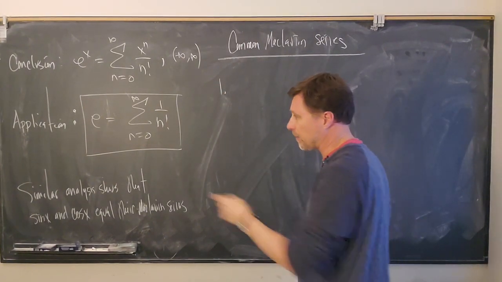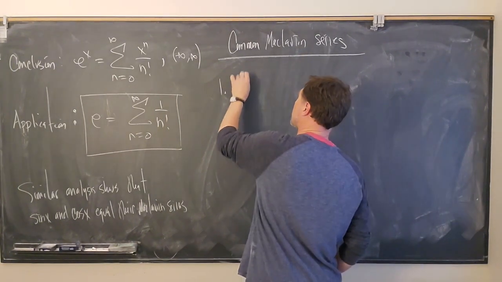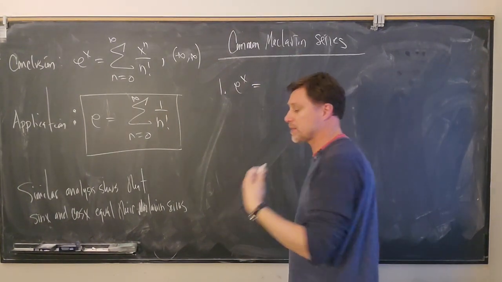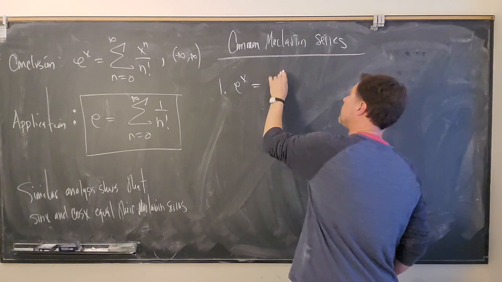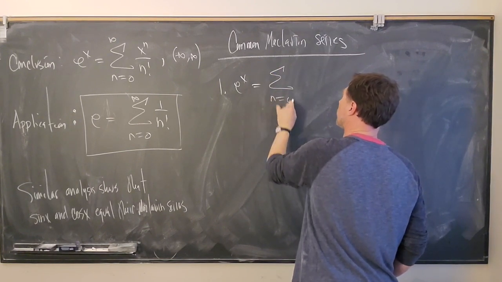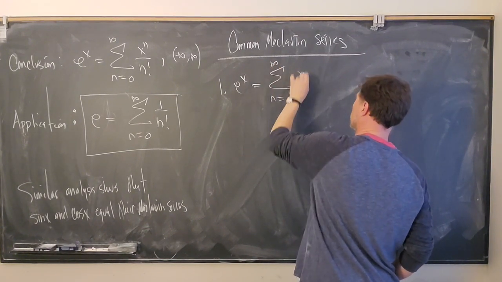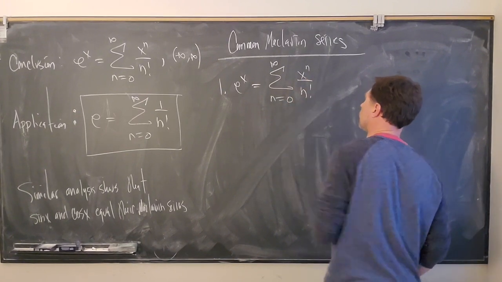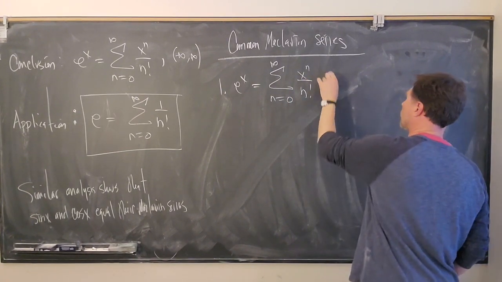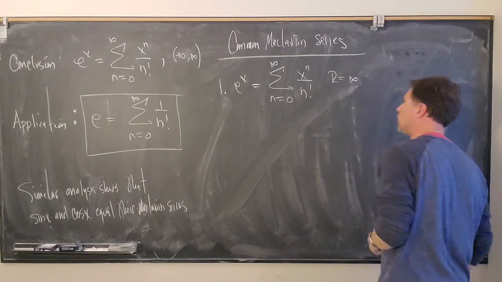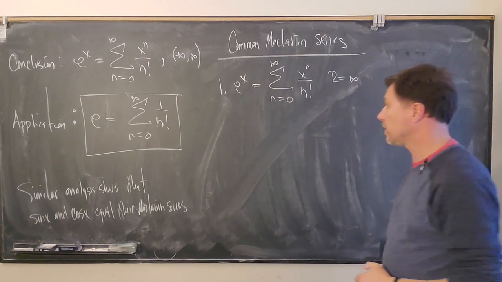So let me put them, and I'm going to just rewrite this one. The first one is the exponential one. These ones show up all the time. You need to have them memorized. So e to the x is equal to its Maclaurin series. Radius of convergence is infinity.